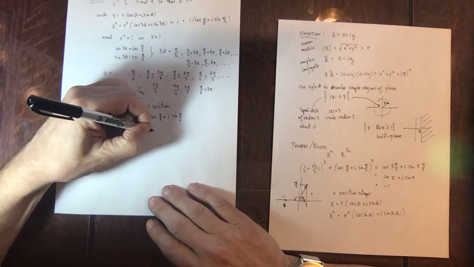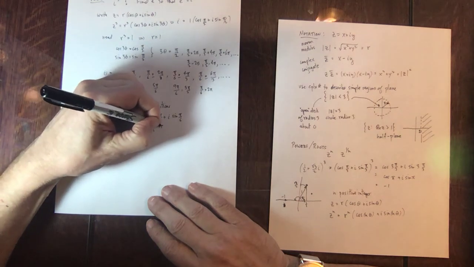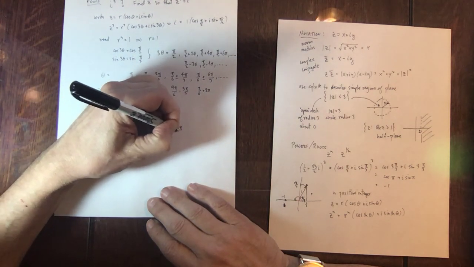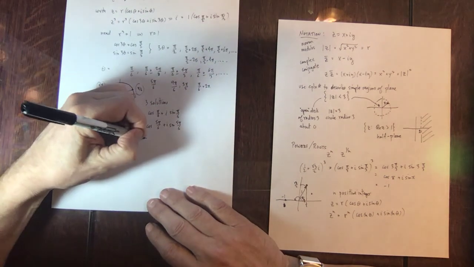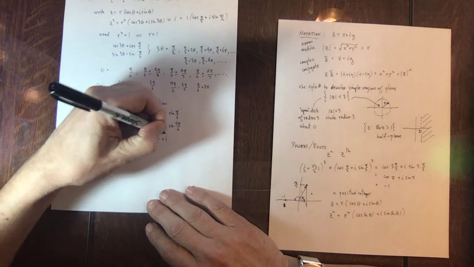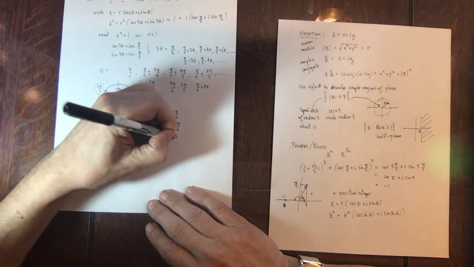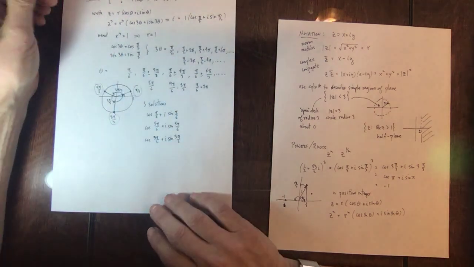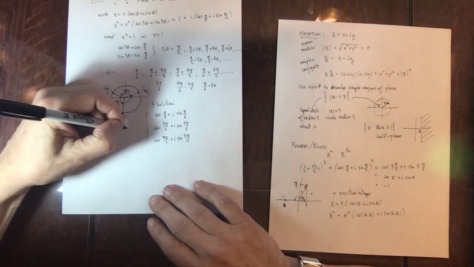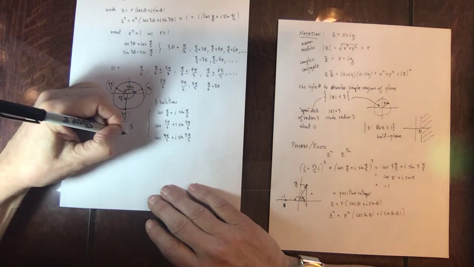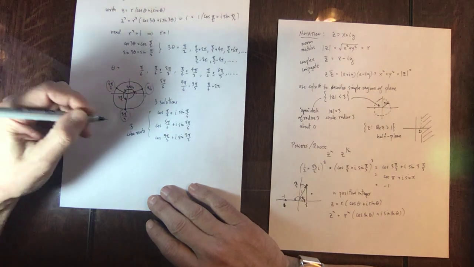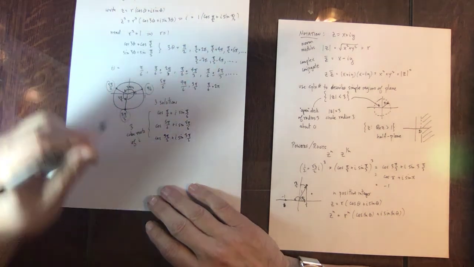Then I have the cosine of 5 pi over 6, plus I times the sine of 5 pi over 6, and then 3 pi over 2. So I end up with 3 cube roots of I.